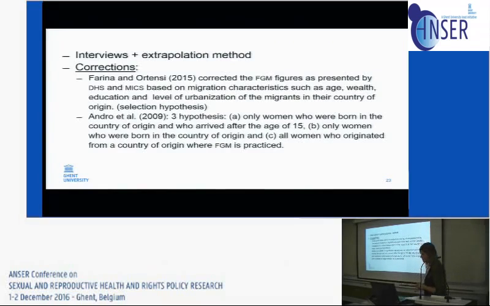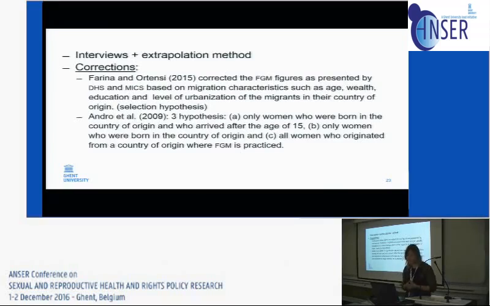Important to mention here is that the Italians speak of a selection hypothesis, and they use this to correct their data too, because they say that the characteristics of migrants might be different from the women who stayed in their country of origin. They might be more wealthy, more educated, or more urbanized, so there might be a difference.